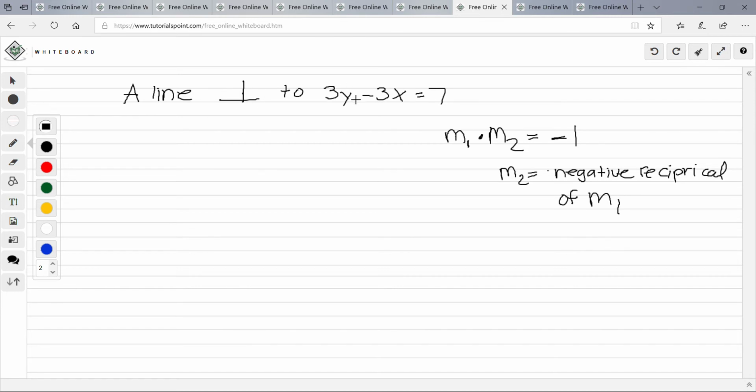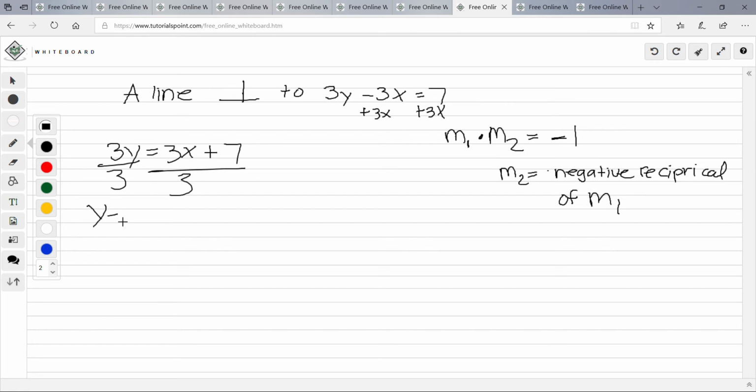So let's look at this. We have 3y minus 3x equals 7. We need to get y by itself because we need it in y equals mx plus b form. So I'm going to add 3x to both sides. We get 3y equals 3x plus 7. And then I'm going to divide everything by 3.